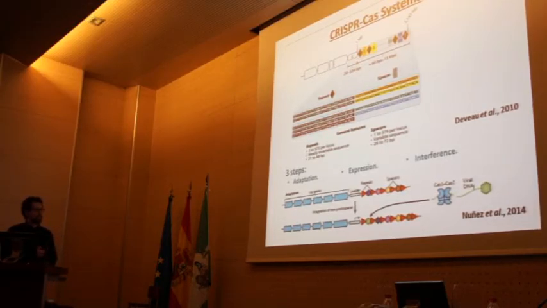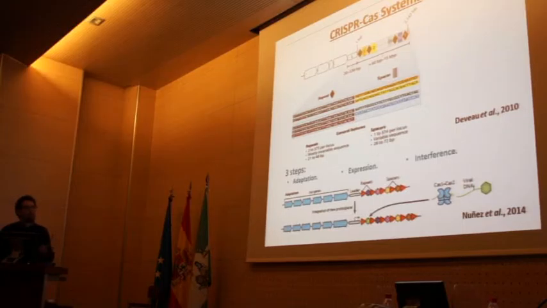In this step, exogenous DNA sequences from plasmids and phages, known as protospacers, are incorporated as new spacers into the CRISPR array. The enzymes that participate are Cas1 and Cas2, and the nucleases present in most CRISPR-Cas systems.